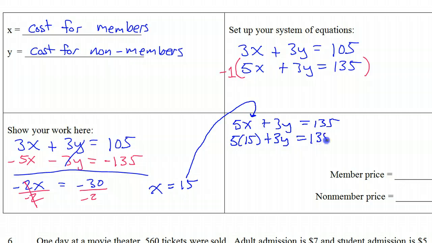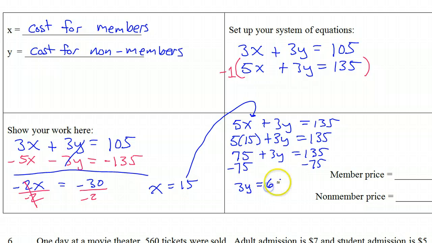Okay, 5 times 15 is 75, plus 3y is equal to 135. You could subtract 75 from both sides. So that'll give you 3y equals 60. 135 minus 75 is 60. Of course, we will just divide by 3 now.